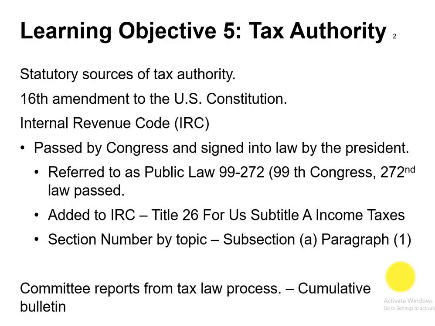If we're referencing a section of the Internal Revenue Code, we can say section and give the number. Then, if we want to be more specific, which we usually do, give a subsection and even a paragraph. Those parentheses tell us which is which. And sometimes you have subparagraphs, again with little numbers.